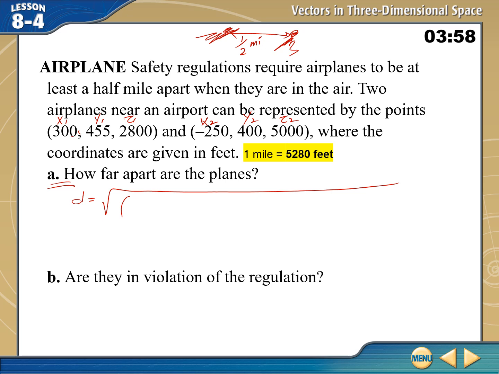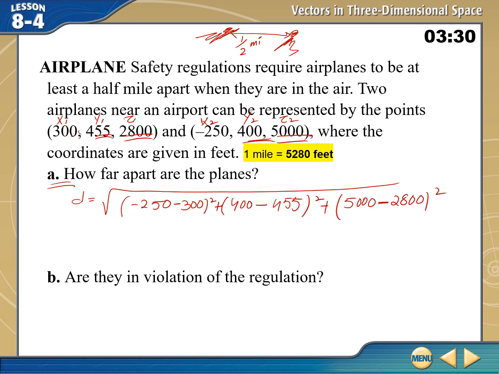So here x2 minus x1: minus 250 minus 300, whole square, plus y2 that is 400 minus y1 that is 455, whole square, plus z2 is 5000 minus z1 is 2800, whole square.